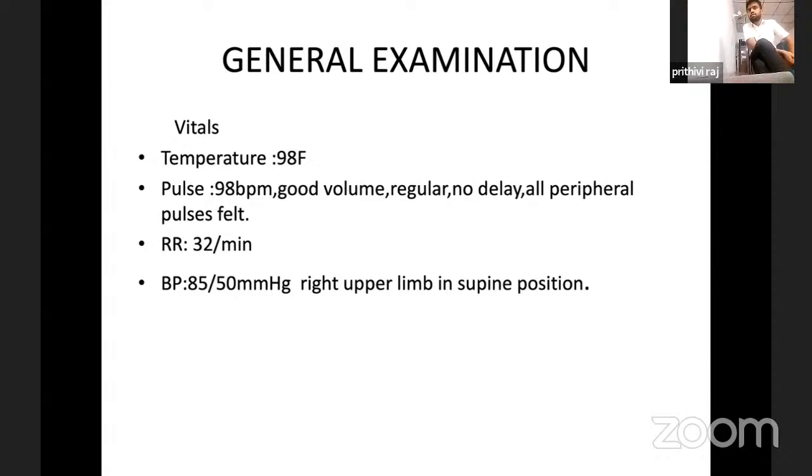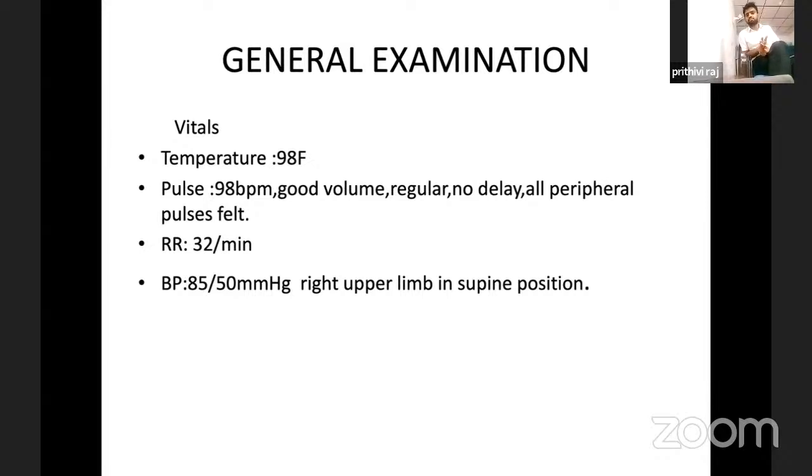More than 60 in age less than 2 months, more than 50 in age 2 months to 1 year, from 1 to 2 years more than 40, and after 2 to 5 years more than 30. If the child falls in this criteria, then the child is having tachypnea. Here the child has a respiratory rate of 32, and the child's age is 2 years. So what are the causes of tachypnea in this child?